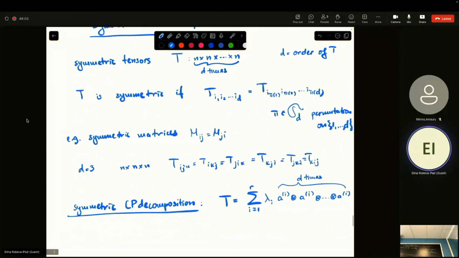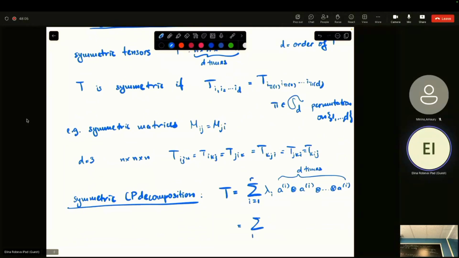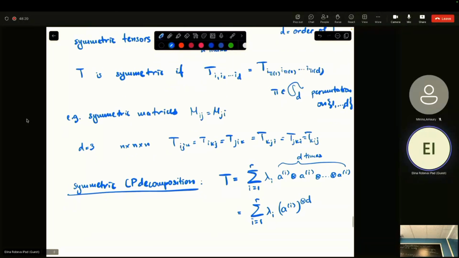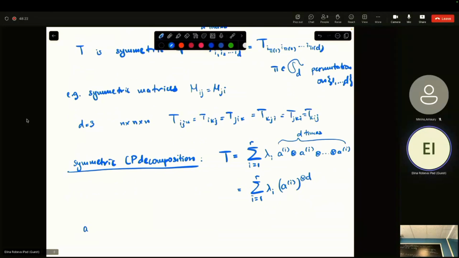You can write this in shorthand notation as a_i tensor power D. This is exactly shorthand for saying I take the same vector and tensor it with itself D times. And a tensor of this form, a to the tensor power D, is a symmetric rank 1 tensor.